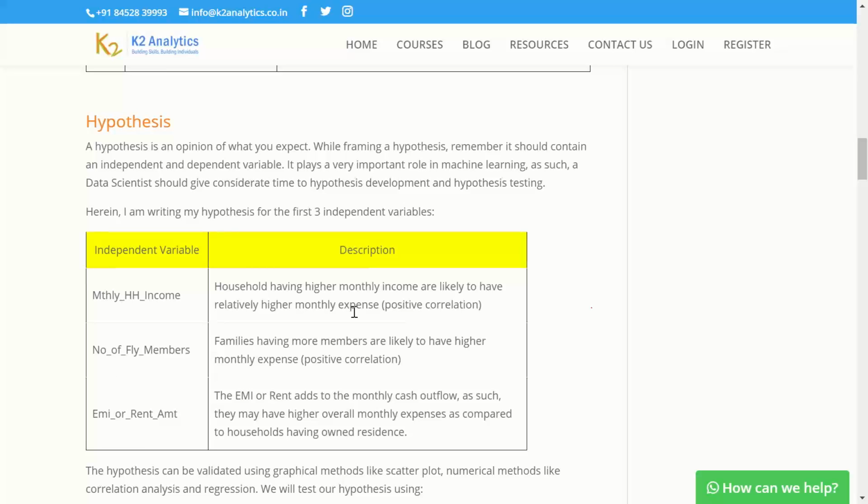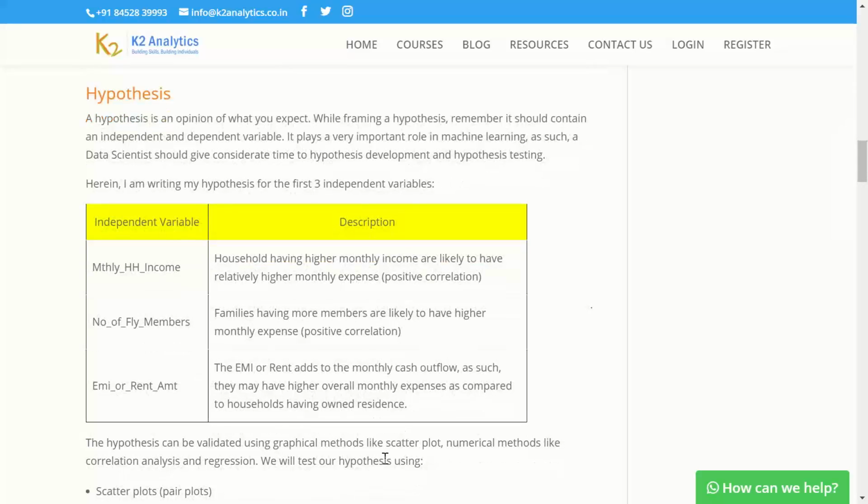Again, touching upon the hypothesis concept in linear regression: the null hypothesis is that the dependent variable is not influenced in any way by independent variables, which means the beta coefficient of all independent variables is 0. Alternate hypothesis is there is at least one independent variable where the beta coefficient is not 0.